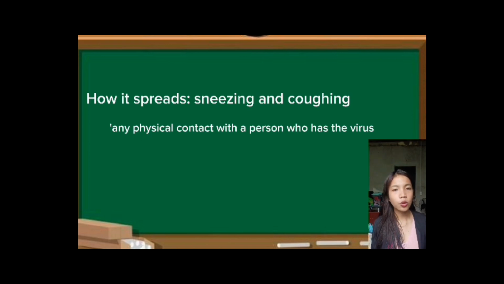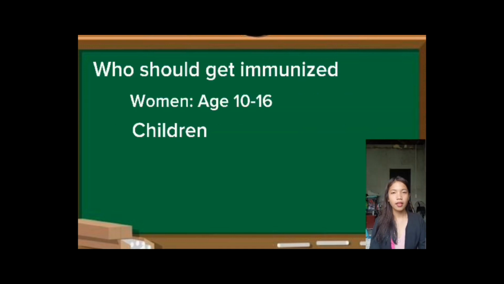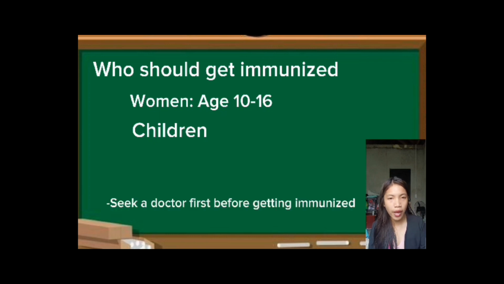It can spread from one person to another through sneezing, touching other people, speaking, kissing, or any contact. Again, women from age 10 to 16 should be immunized first, and also the children. But pregnant women should not be immunized because it can be very risky to their child.